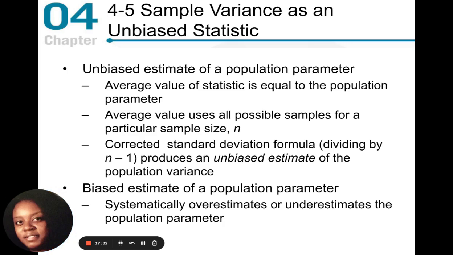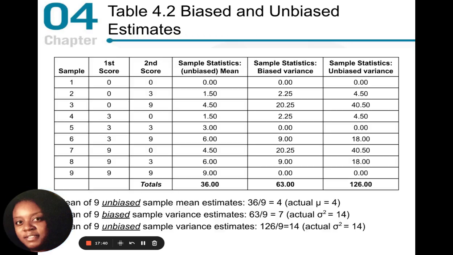And those biased estimates of population parameters are going to systematically overestimate or underestimate the population parameters. So if we look at table 4.2, this table illustrates with a known population that both the sample mean formula and the corrected sample variance formula are going to produce unbiased estimates of their corresponding population parameters.